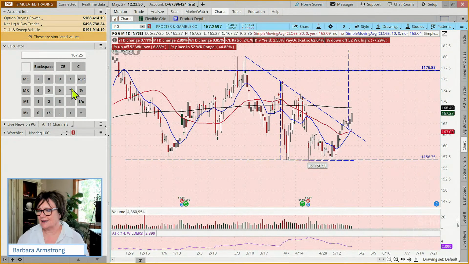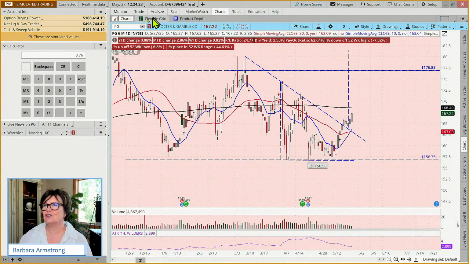Well, if my stop is at 158.57, and a stop triggers a market order, so it doesn't guarantee that you'll get out, I'm risking $8.68 a share for the chance to make, if my target is 176 minus 167, 876. So it's almost a 1-to-1 risk reward ratio.